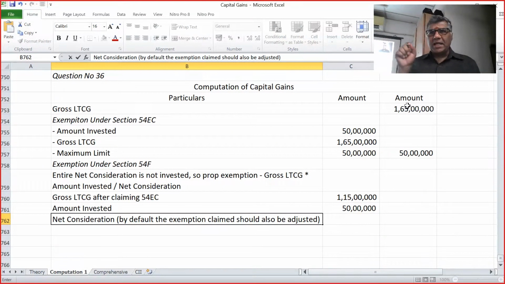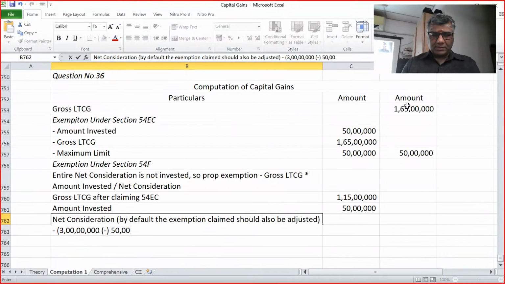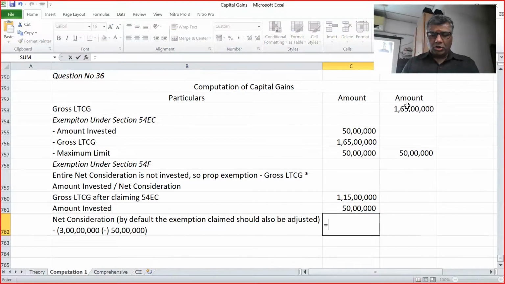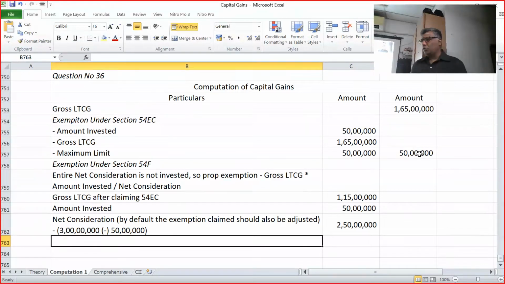When you adjust the numerator, the gross LTCG was 1 crore 65 lakhs, but you are taking 1 crore 15 lakhs. When you are adjusting the numerator, adjust the denominator also to that extent. So it will be 3 crores minus 50 lakhs, 2 crore 50 lakhs.